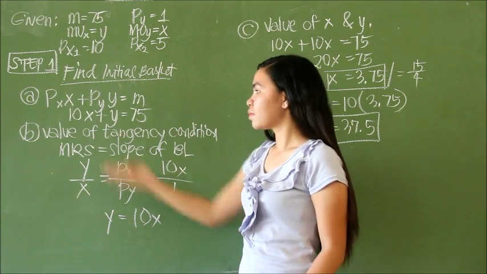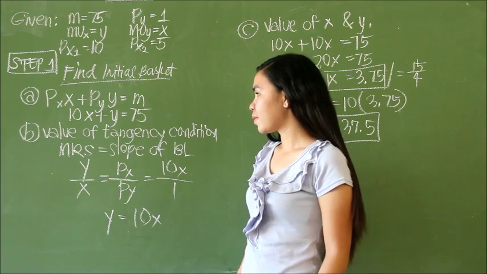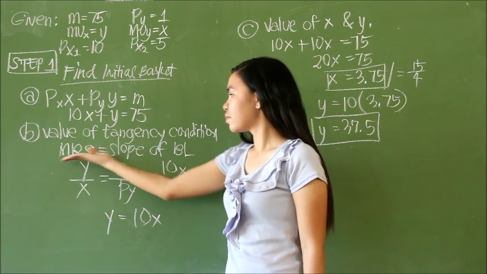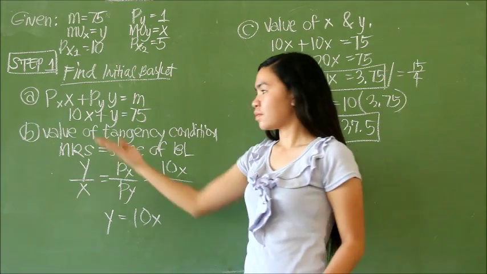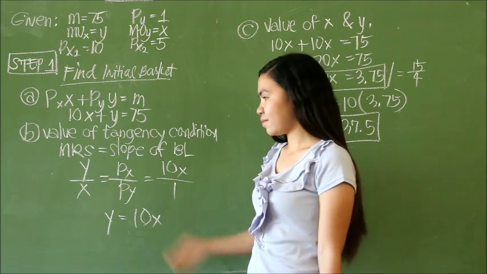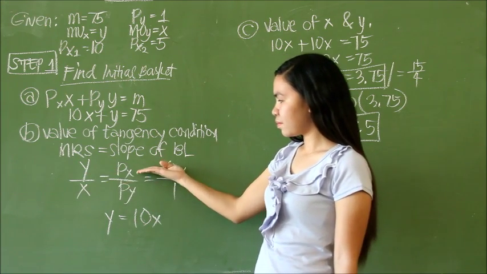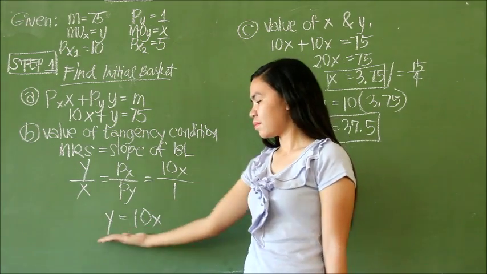We have 10x plus y is equal to 75. We know the marginal rate of substitution is equal to the slope of the budget line, which is y over x is equal to px over py. And in this, 10x over 1, which gives us y is equal to 10x.